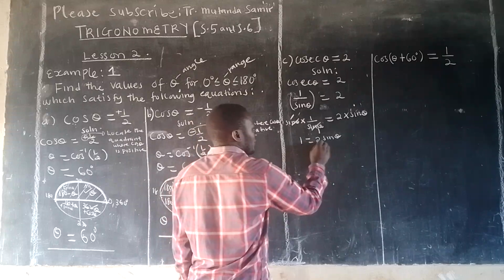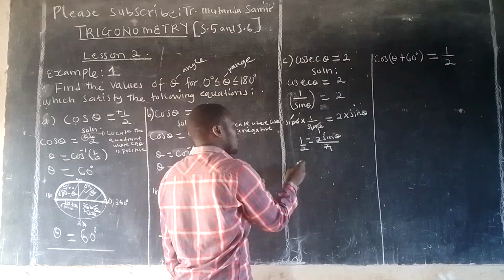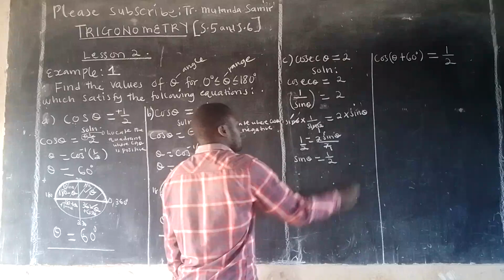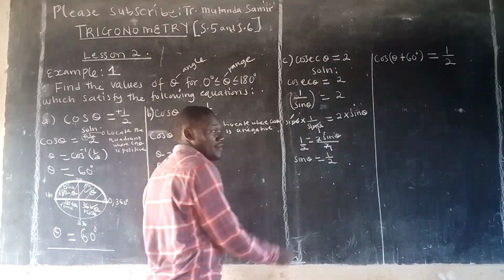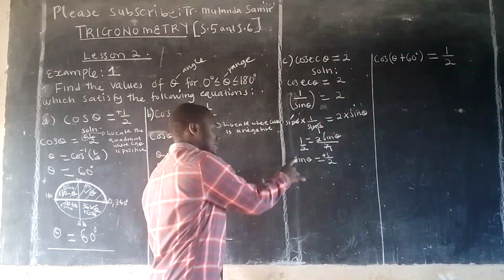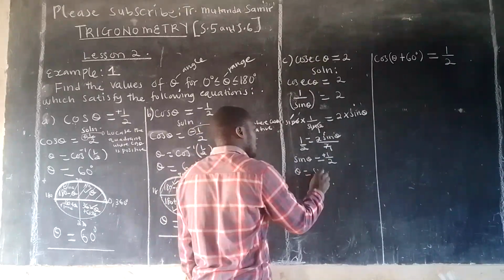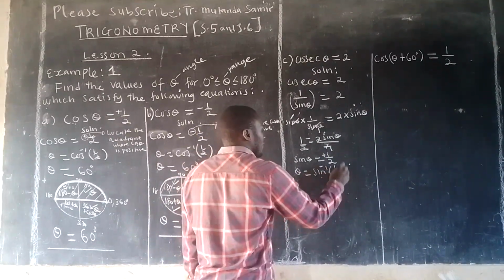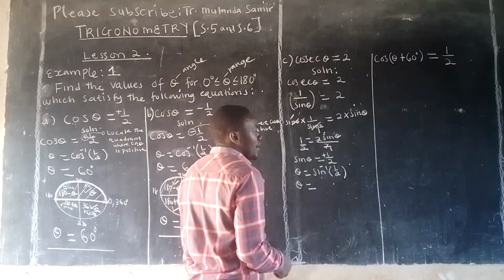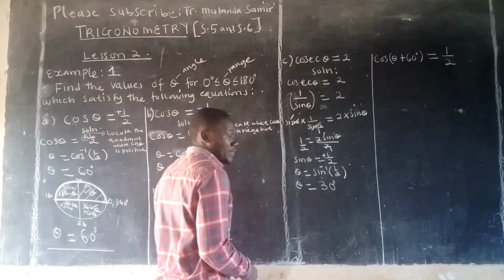When you divide by 2, you see that sine theta is equal to a half. Take note, this half is positive. The use of that positive tells you in which quadrant sine is positive. I want to get an angle, so I'll go in for an inverse, sine inverse of a half. When you press it on the calculator, sine inverse of a half is 30 degrees.